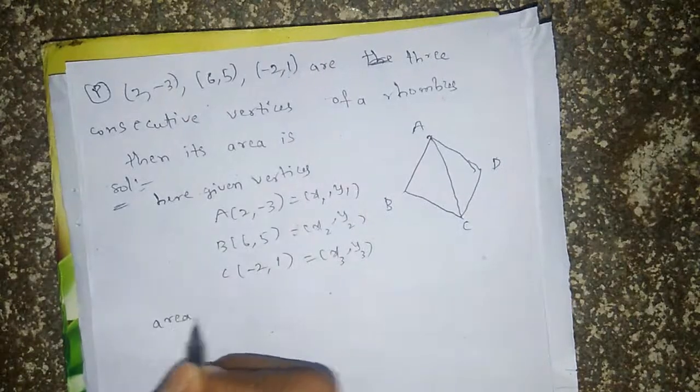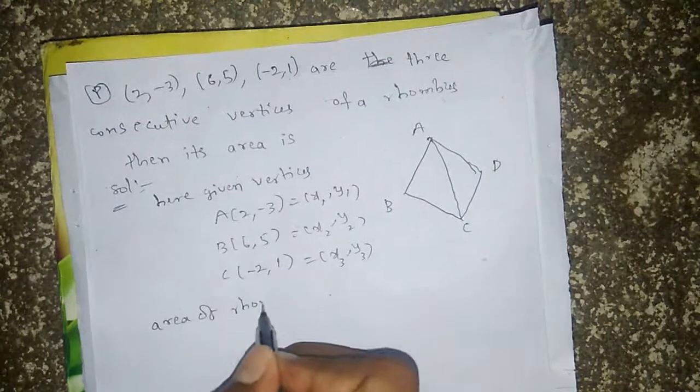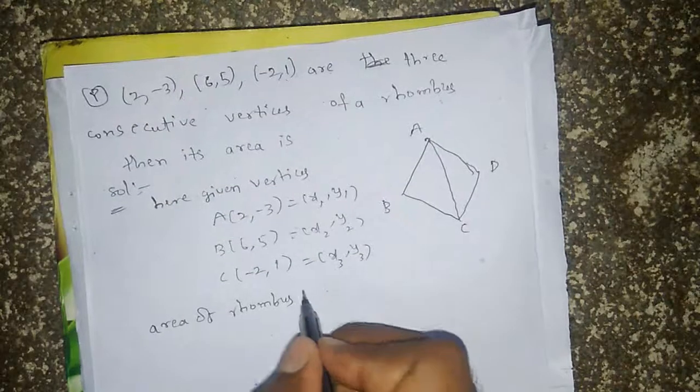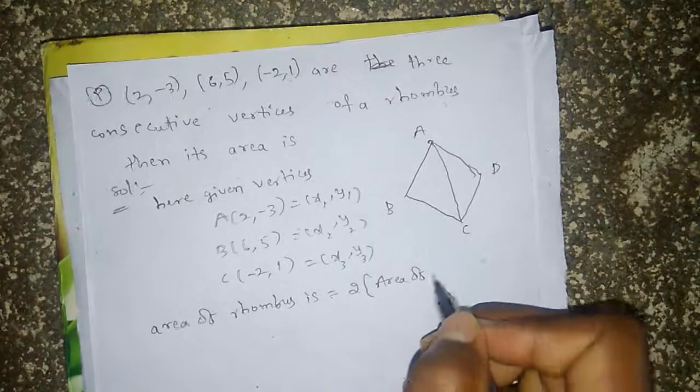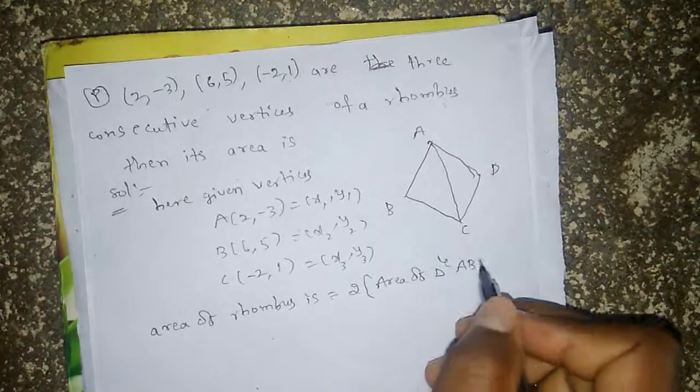Here area of rhombus is equal to 2 into area of triangle ABC.